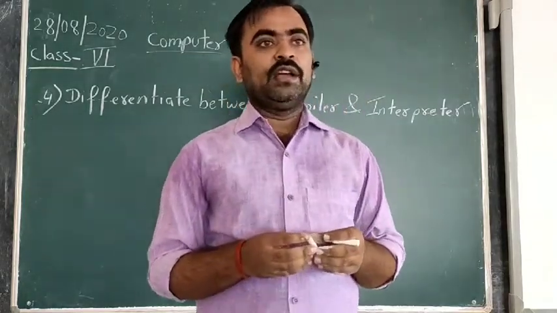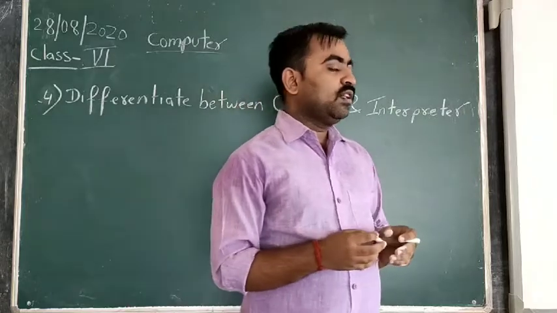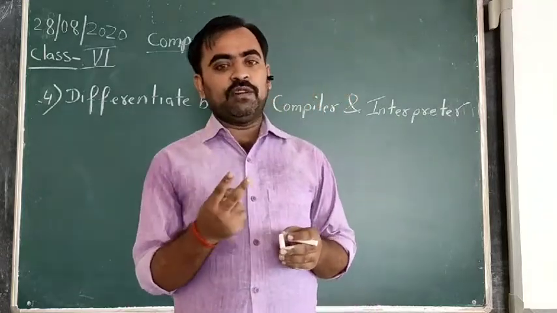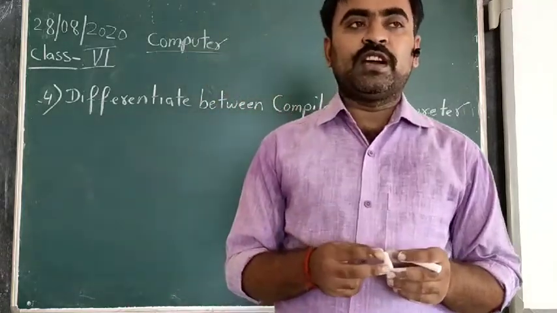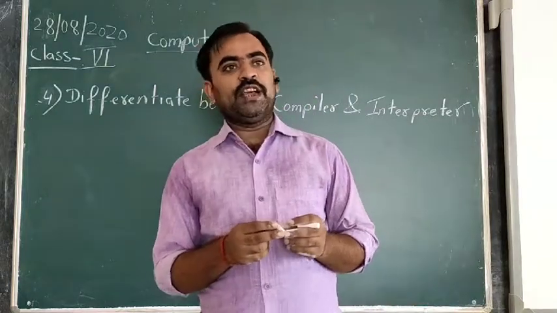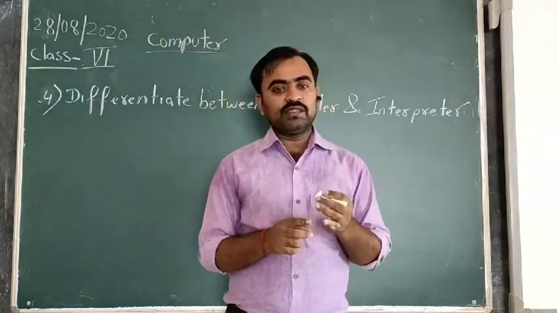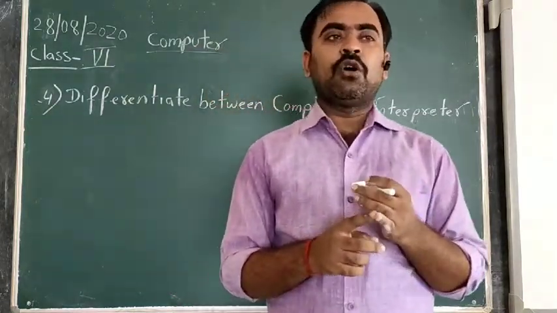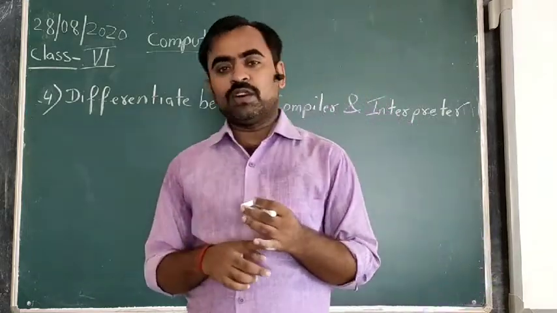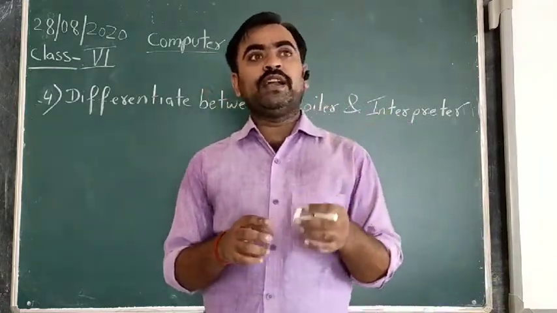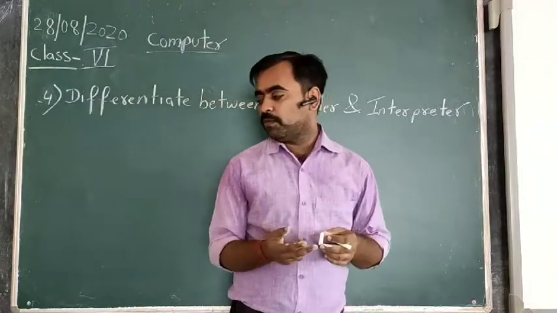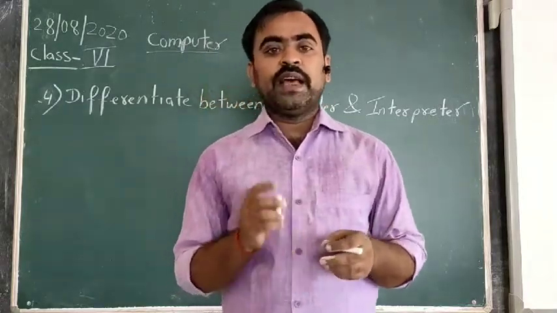And in order to do that, we have two different types of language translators. One is compiler and another one is interpreter. Along with that, there is a third type of language processor which is known as assembler.